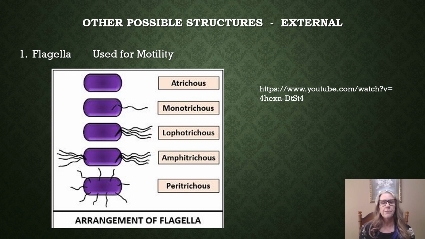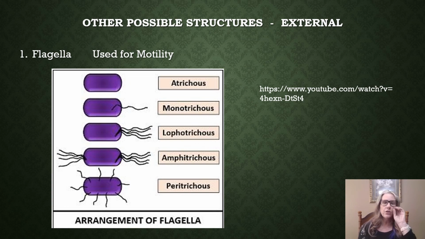You could have amphitrichous, where you have flagella on both ends. And then peritrichous. Peri means surrounding, so the flagella surround the cell. I do want you to know the arrangements of flagella.